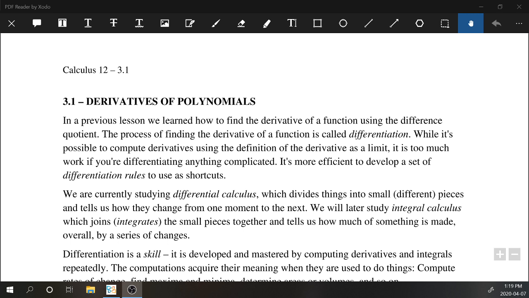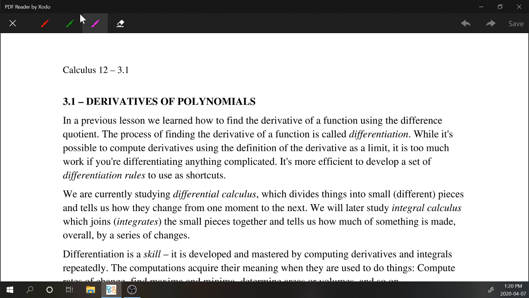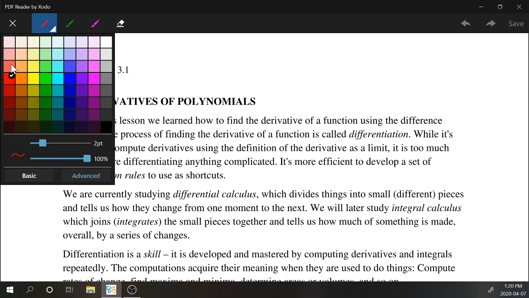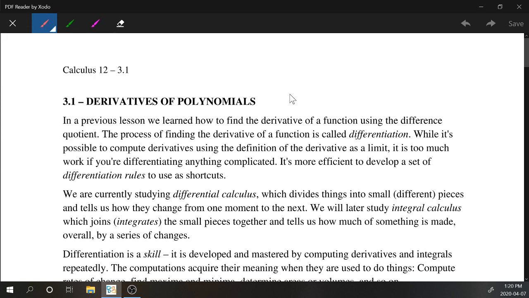And what we have been doing is using the difference quotient. So if you don't remember, the difference quotient looks like this. So given some f of x, so f of x is a function, then its derivative, f prime of x, is equal to the limit as h approaches 0.